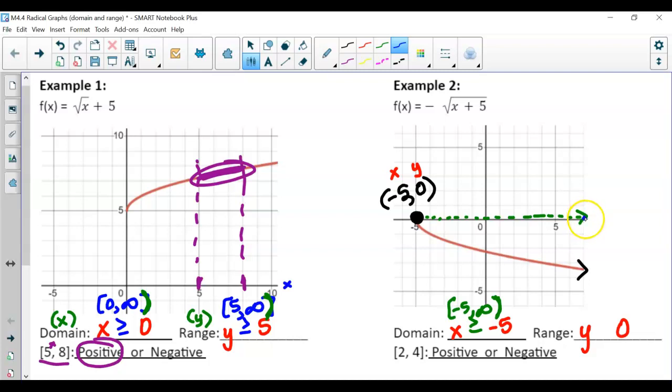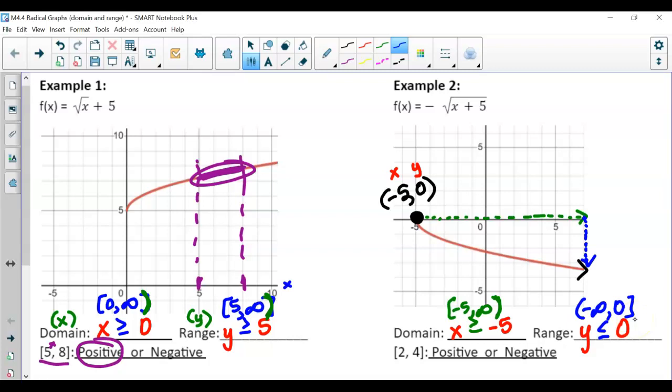Up or down? We're going down. So now notice our y values are not greater than 0, they are all below, less than or equal to 0. So this is our range for our graph here, which means because it's less than, now we're starting at -infinity and up to 0.